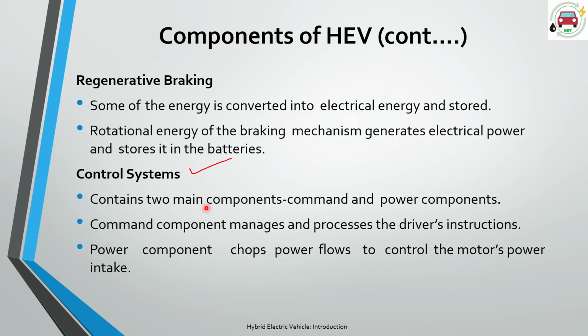There are some basic components of HEV we have seen. First is the APU or engine, that is an alternate power unit. Then batteries, then drive motor, transmission, regenerative braking system, and also the control system.